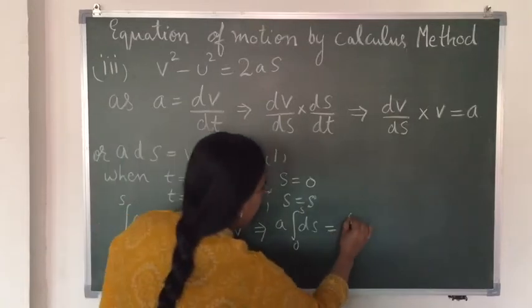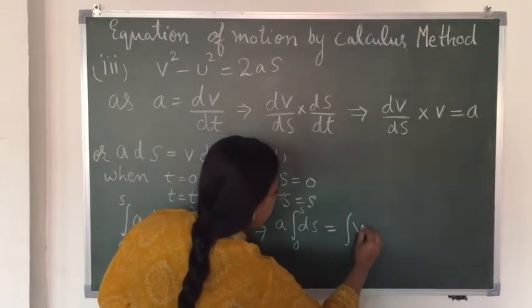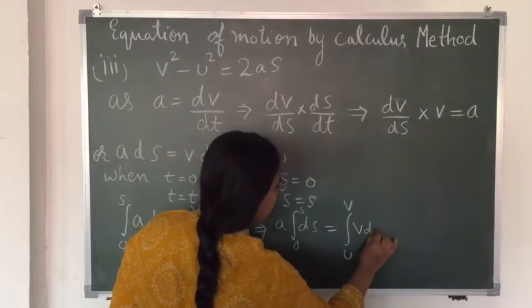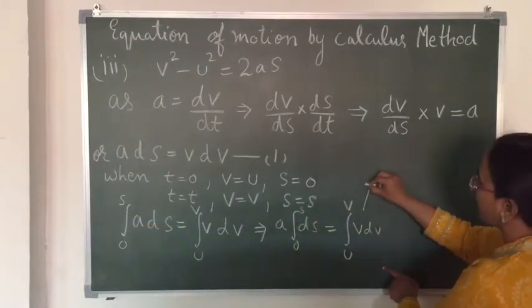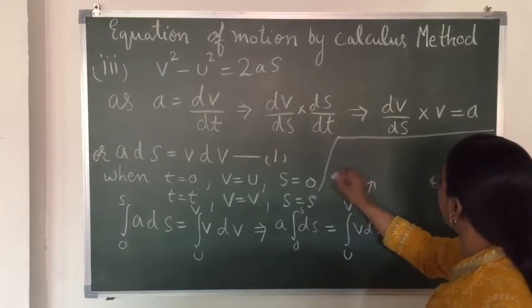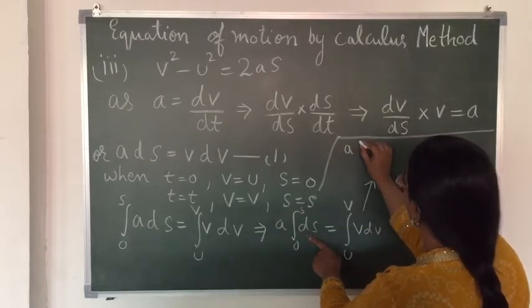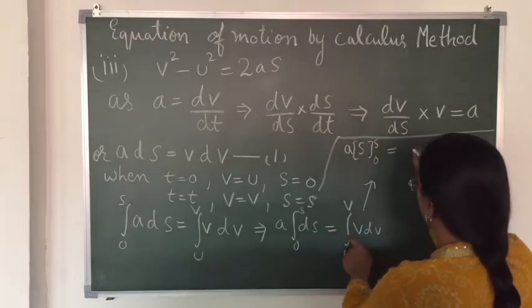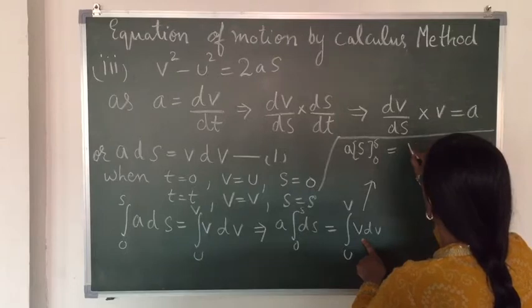Integration of ds is s. Integration of v is v² by 2.